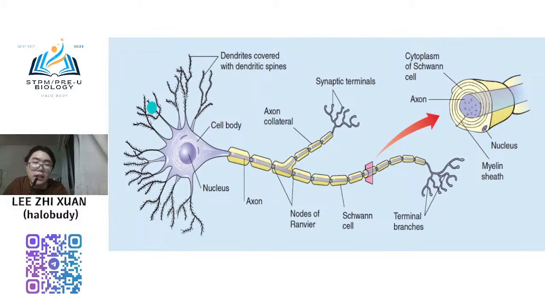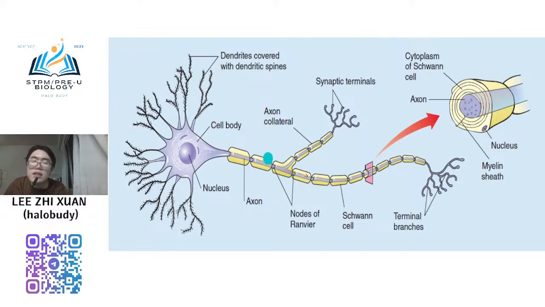Meaning that when the dendrite already receives a signal and it goes to the cell body, after it reaches the axon, since there is the myelin sheath here, the electrical impulse will directly jump to the node of Ranvier, and then it will directly jump until it reaches the terminal branch, that is, the neuromuscular junction.